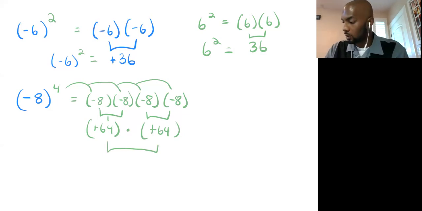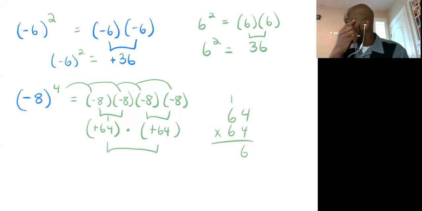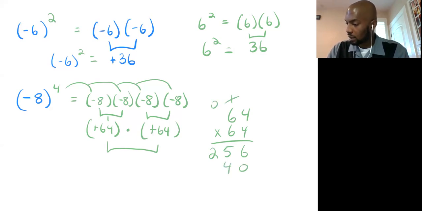So now I need to use my 4 times 4 is 16. 4 times 6 is 24. 24 plus 1 is 25. Drop the 0. 6 times 4 is 24. 6 times 6 is 36. 36, 37, 38. Adding 6. 5 plus 4 is 9. 8 plus 2 is 10. 1 plus 3 is 4.